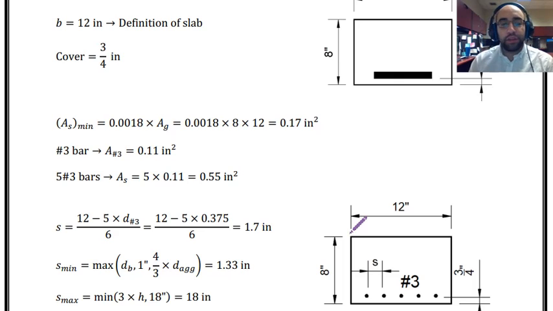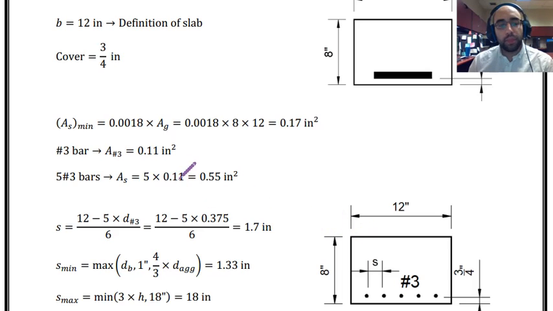But again, the thing that I want you to remember is to have more bars in the section instead of just 1 or 2 bulky, large cross-section bars. Smaller bars, but more of them, are better than just having 1 big bar, because that will cause a stress concentration.